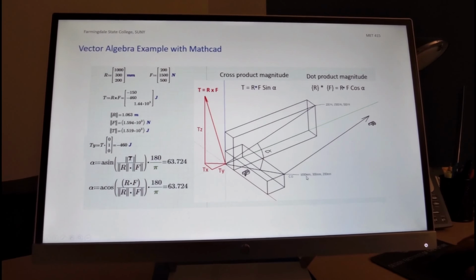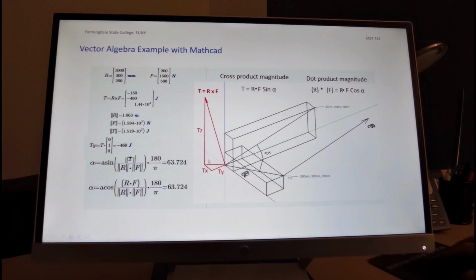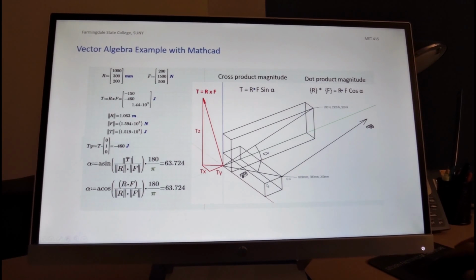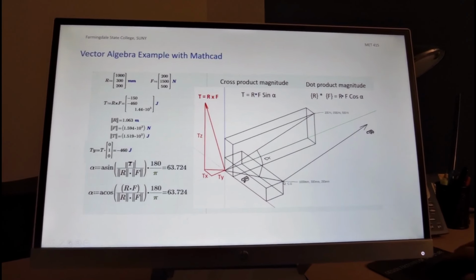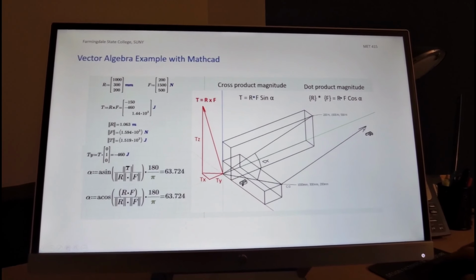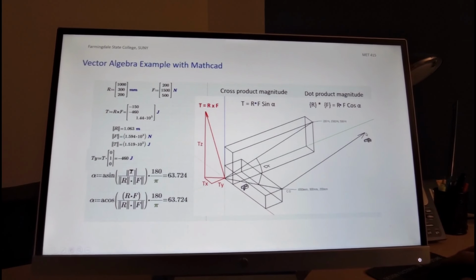You see it has components over here of 1,000 millimeters in the x direction, 300 in the y, and 200 in the z. And at the CG point, there is a force, an inertial force, which is acting in this direction.